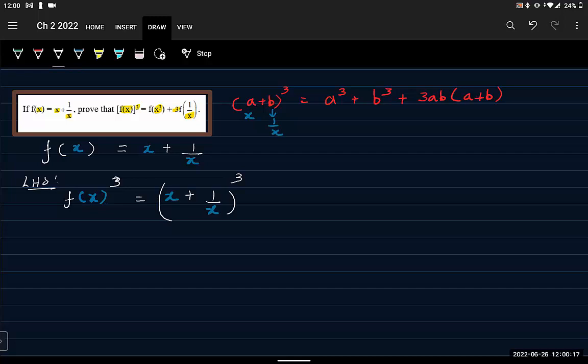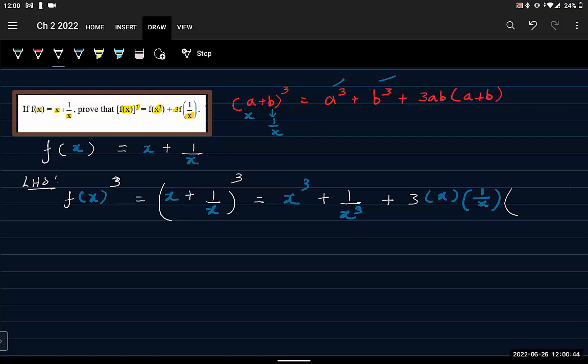So we'll use this identity over here, and we'll get the value which is equals to a cube, that is here x cube, plus 1 upon x cube, which will be my b cube. Next is plus 3ab, so that is 3 times x into 1 by x.